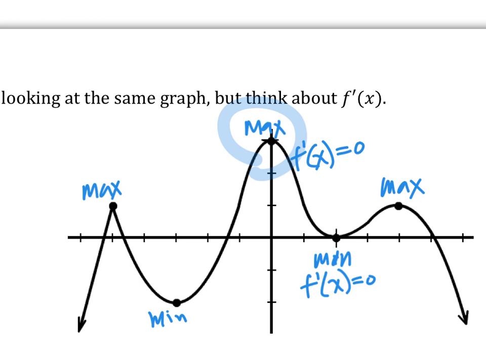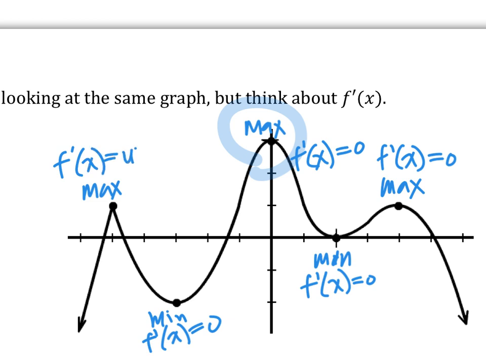And then here, same thing. That would be 0. Same thing here. That would be 0. What about this one? That would be undefined. Remember, you cannot have a derivative at a sharp point.